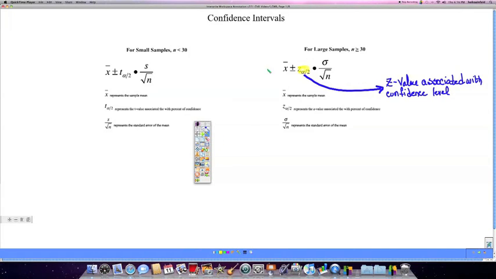And this, the standard deviation for the population divided by the square root of the number of the sample, is the standard error of the mean, which we learned to do in Chapter 7.